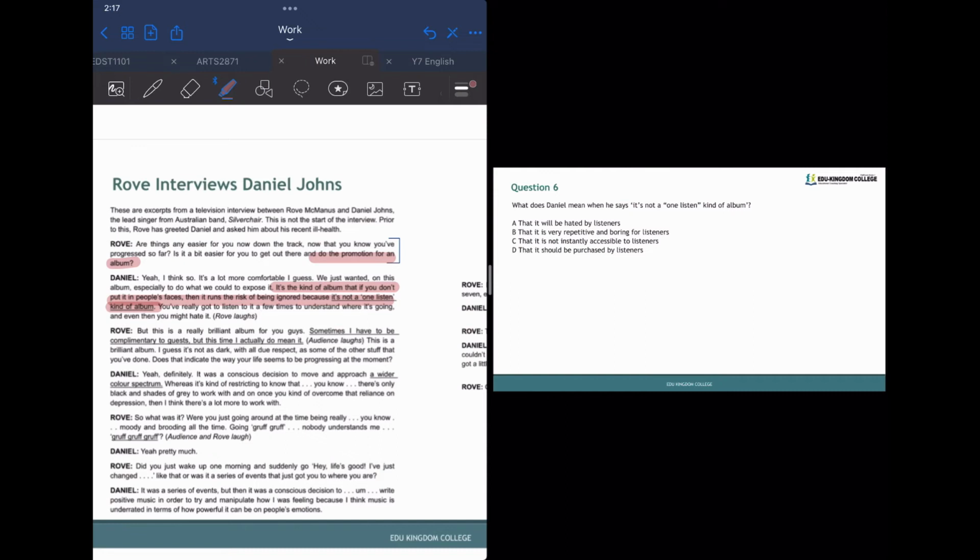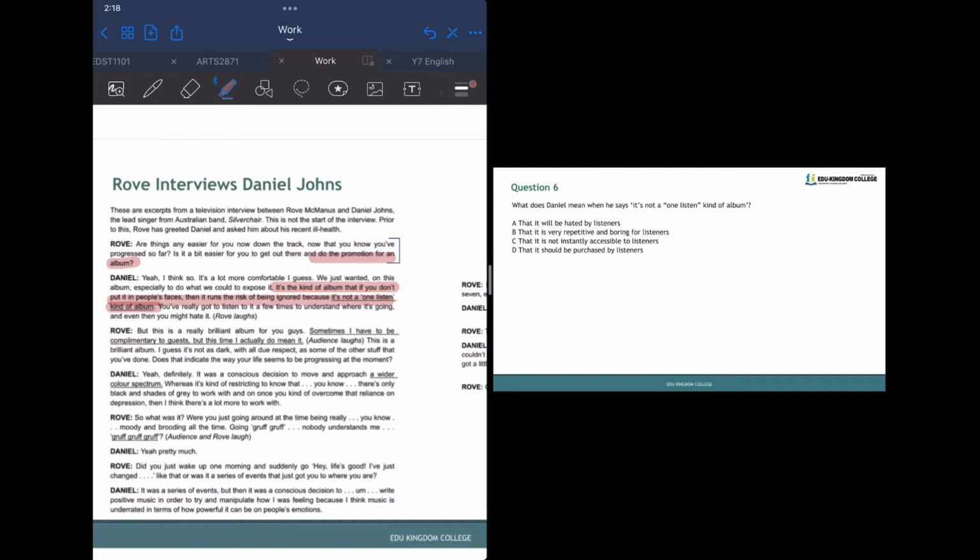So in this case, Daniel is not trying to tell us that the album is bad. He's actually saying that it's not instantly accessible, right? He says it's not something that you can put in people's faces. So it's not perhaps like popular or fits into the normal societal standard.